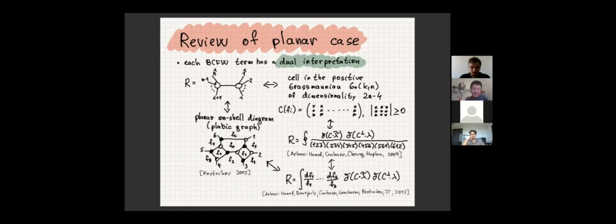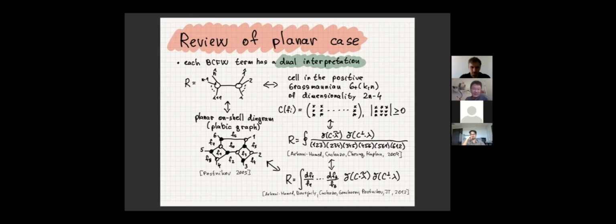The BCFW diagram can then be calculated using a canonical form, where the parameters of the Grassmannian are related to the external kinematics lambda and lambda tilde, geometrically given by these delta functions: C dot lambda tilde is 0 and C perp dot lambda is 0.